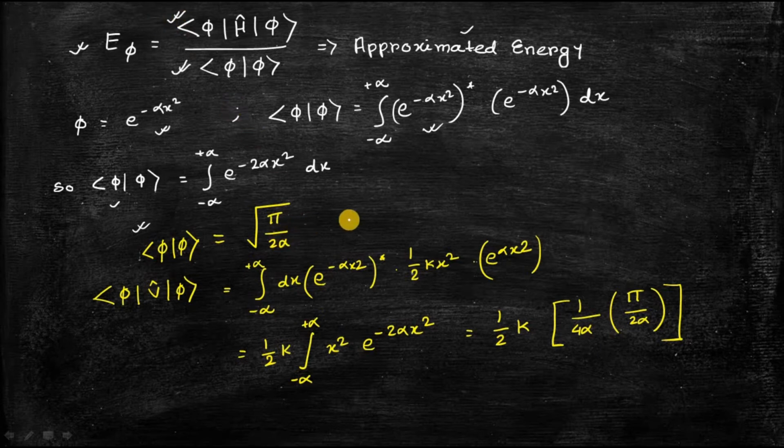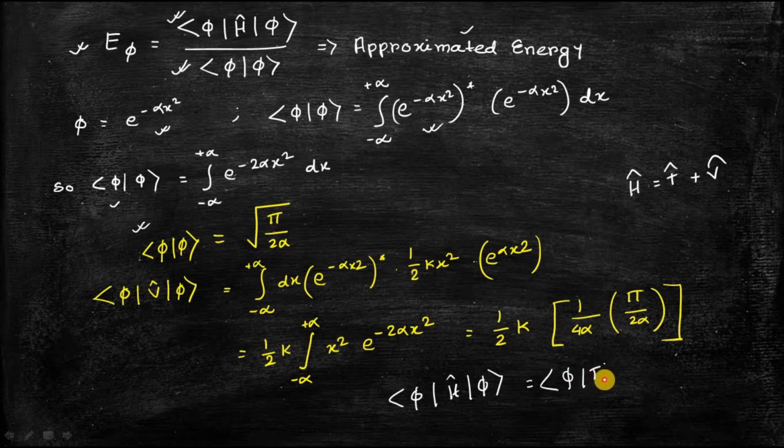As you know, our Hamiltonian operator consists of two terms: the kinetic energy operator term and the potential energy operator term. So we can divide this integral, phi H phi, into two parts: phi with the kinetic energy operator acting on phi, plus phi with the potential energy operator acting on phi.